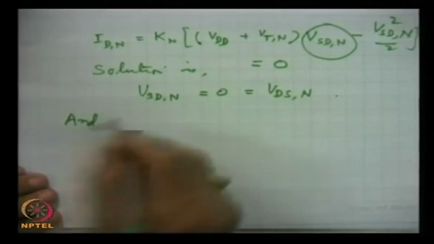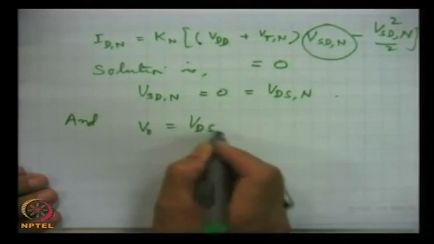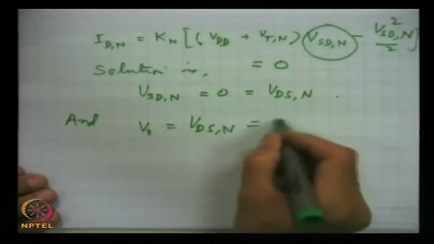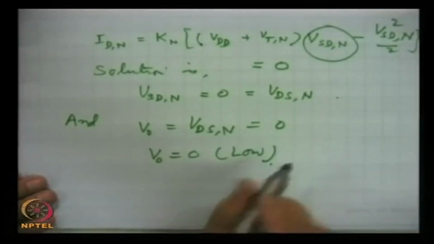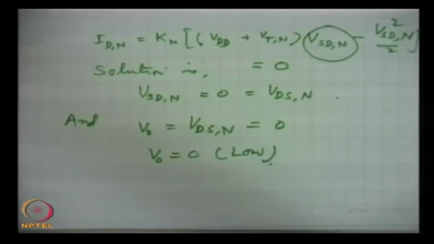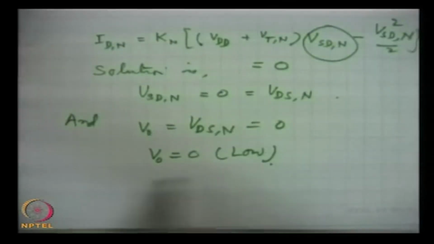You will remember that output V0 was VDSN and this is 0. So, output is low. This is the working of CMOS. When this input is low, output is high, and when input is high, output is low. This is what we get here, and that is how a CMOS, the complementary MOS inverter, works.